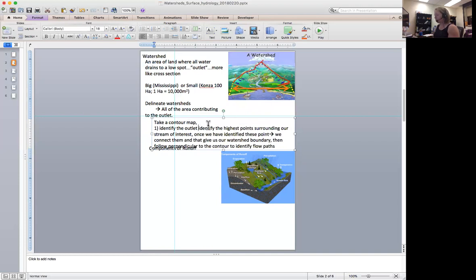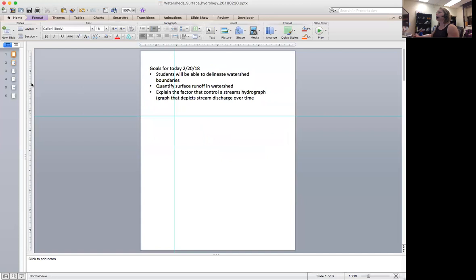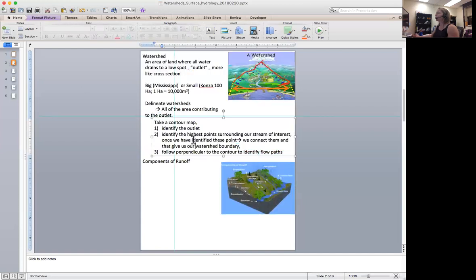Step 2 is to identify the highest points surrounding the stream of interest and connect those points, which gives us our watershed boundary. And then step 3 is to follow the lines perpendicular to the contours.